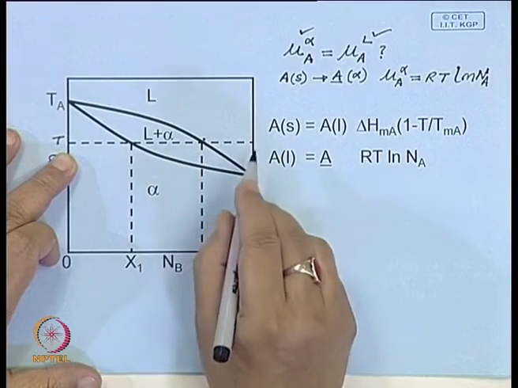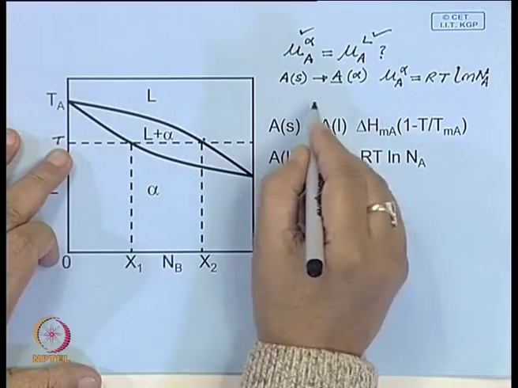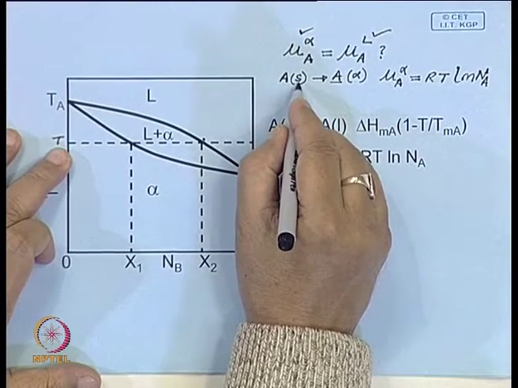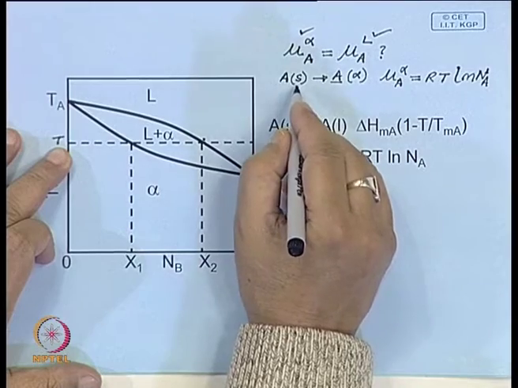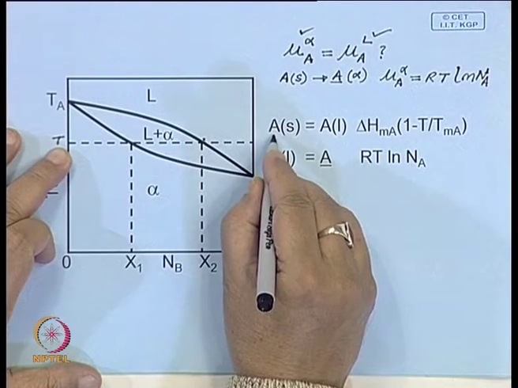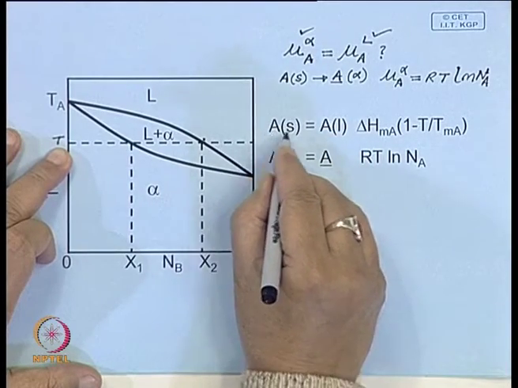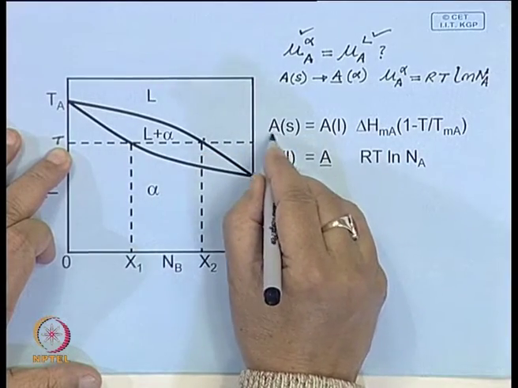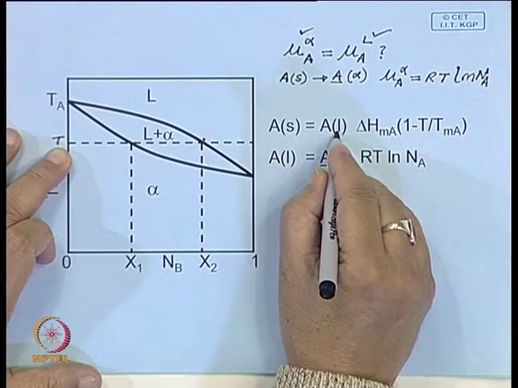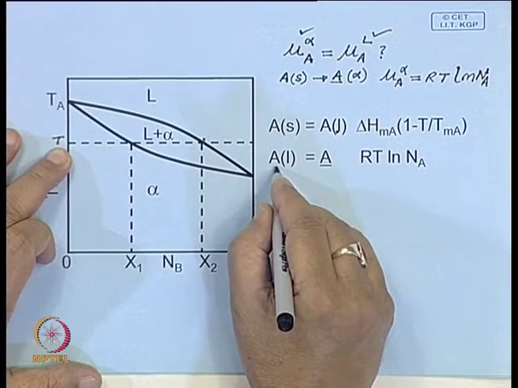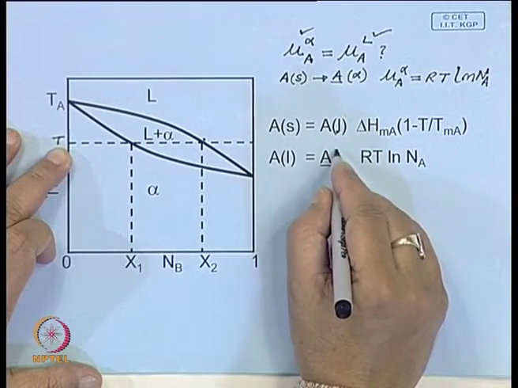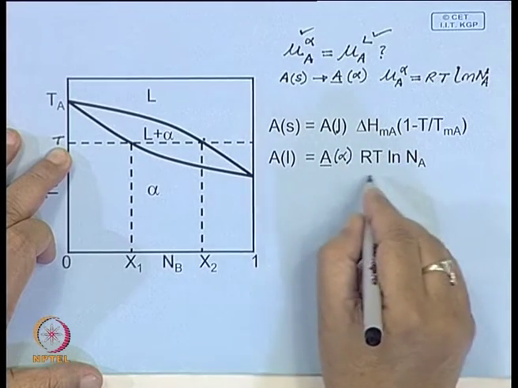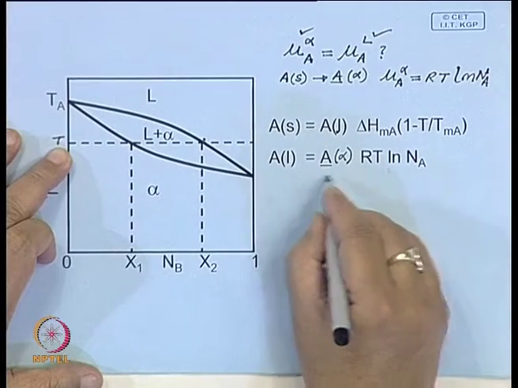Here you have to use the same standard state. We have used the standard state here, pure A at temperature T. So if you consider pure A at temperature T, it has to be transformed into liquid, and A in liquid goes into solid solution, forming alpha.